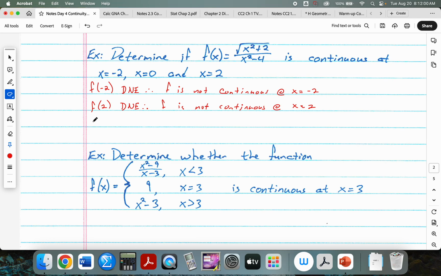All right, well, let's look at f of 0. f of 0, we're straight up substituting in, is the square root of 2 over -4. And because there's no crazy business going on in this, it's just the ratio of two things that are nicely continuous, that's going to be equal to the limit as x approaches 0 of f of x.